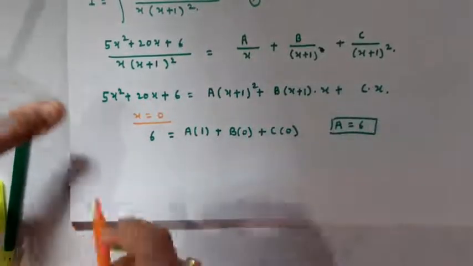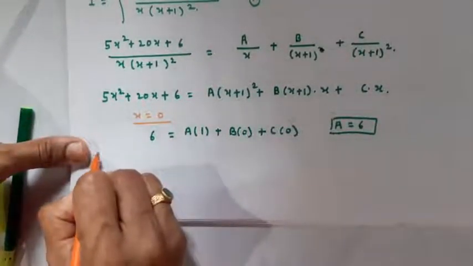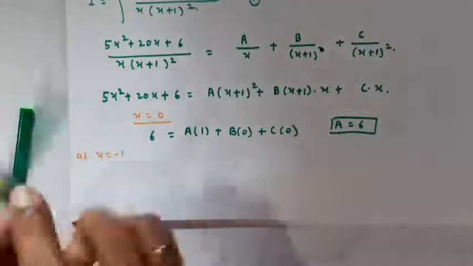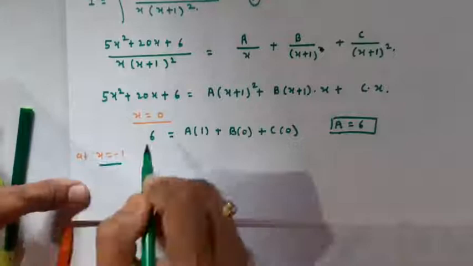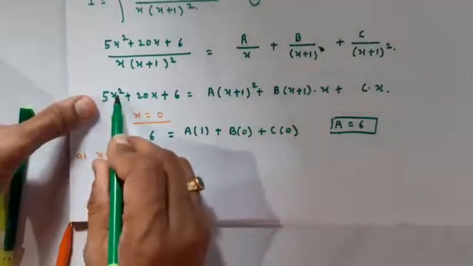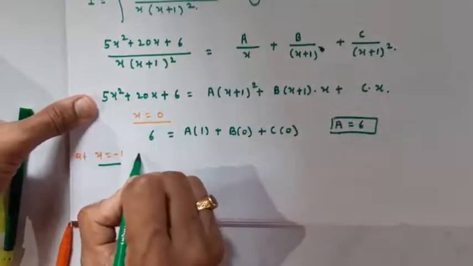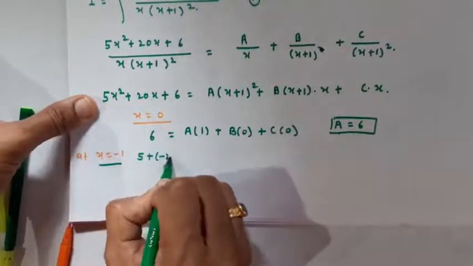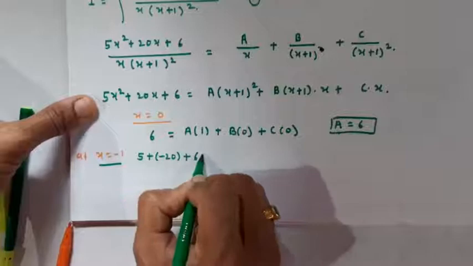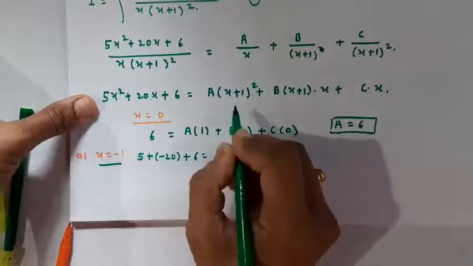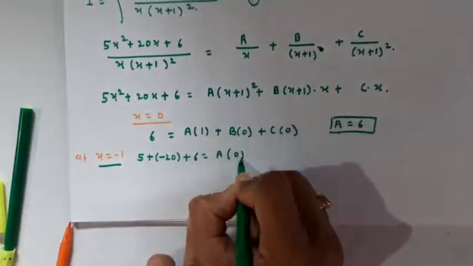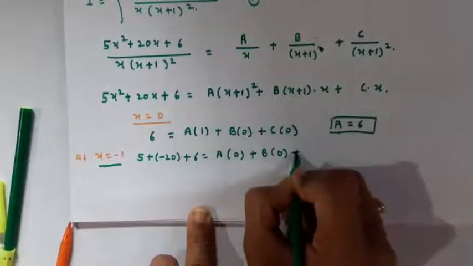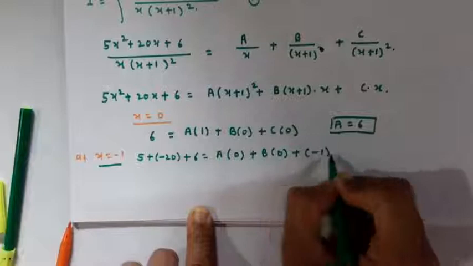Now at x equal to minus 1, let us find out the value. 5 into minus 1 whole square is 5, plus 20 into minus 1 is minus 20, plus 6 equals a into minus 1 plus 1, which is 0, plus b into minus 1 plus 1, which is 0, plus c into minus 1.